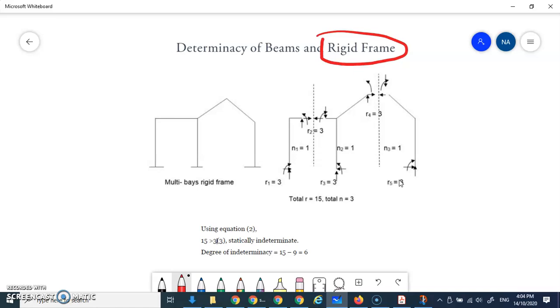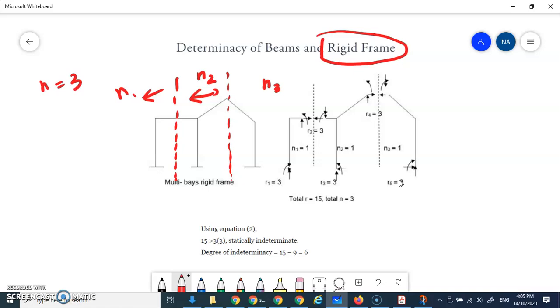Okay, so this is the first one. Kita kena cutting kan, and this is the second one. Okay, so kita akan ada this one N1, this one N2, and this part will become N3. Okay, so total number of N is equal 3.